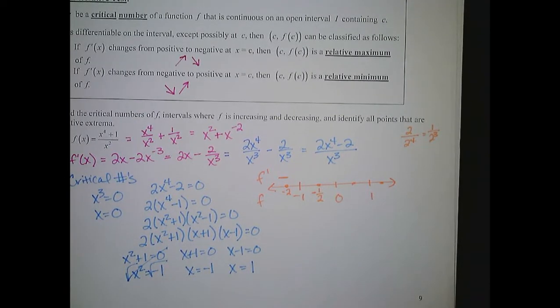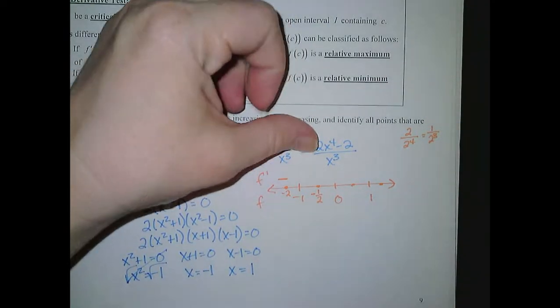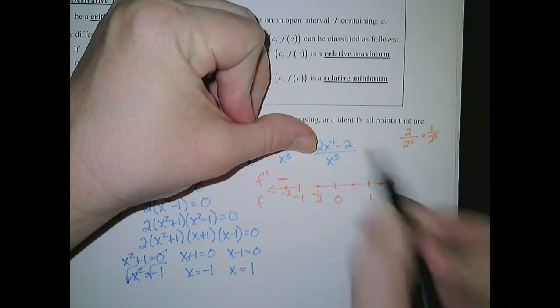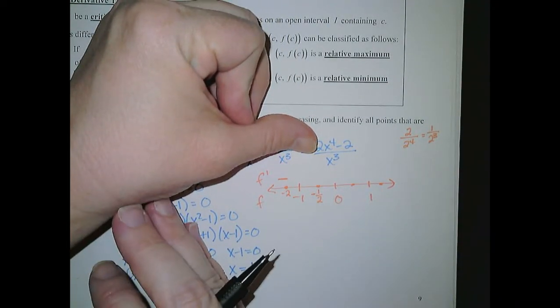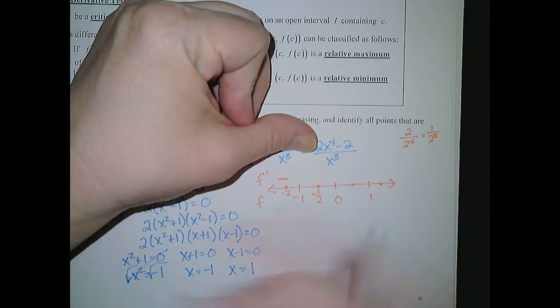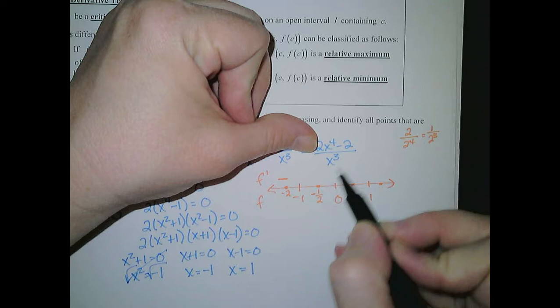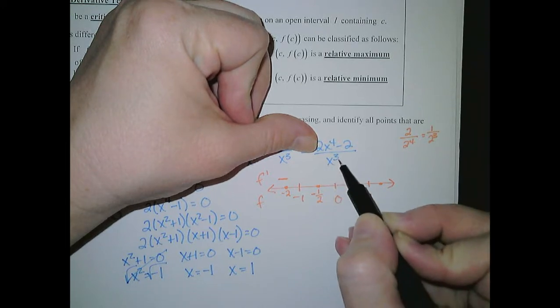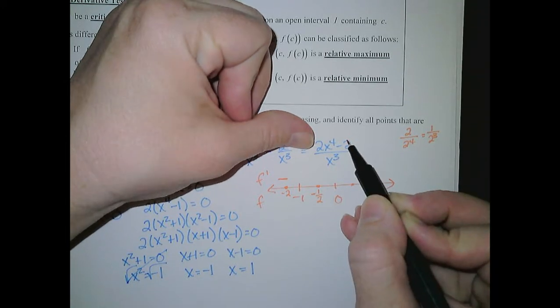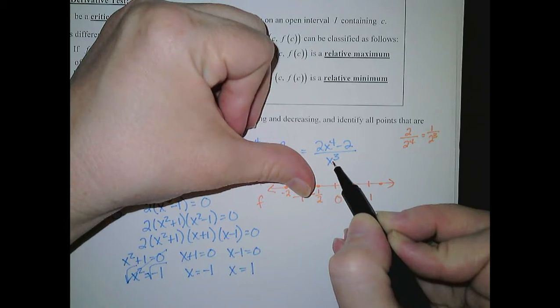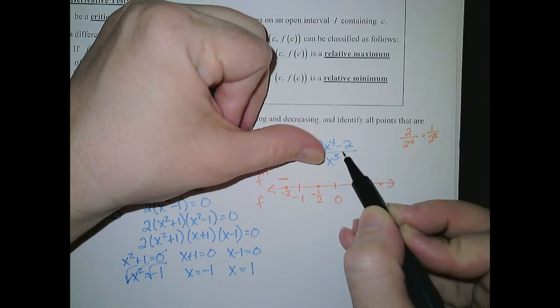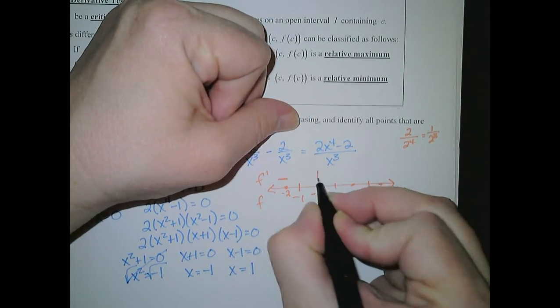So that's going to be something that is less than 1. So I've got something smaller than 1 minus 2, which means the numerator is going to be negative. Then my denominator, again, if I plug in a negative number here and cube it, I'm going to get a negative. So my numerator is negative, my denominator is negative, and a negative divided by a negative would give me a positive.